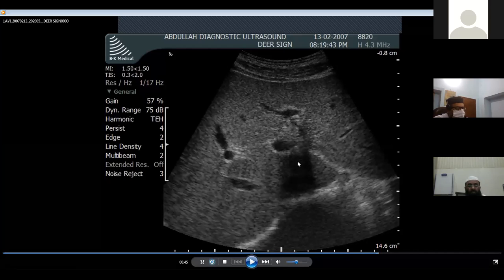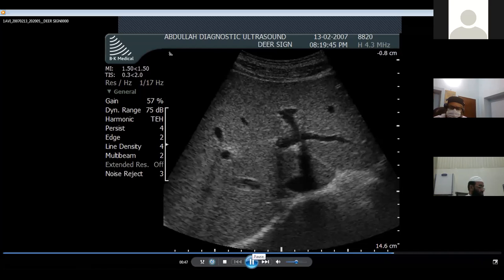This is also the first segment, the segment number 1. And this is the left lobe having two segments, 2 and 3. And here is the quadrate lobe, the segment 4, and so on and so forth.